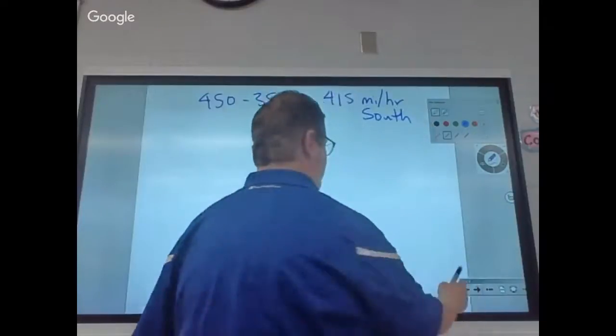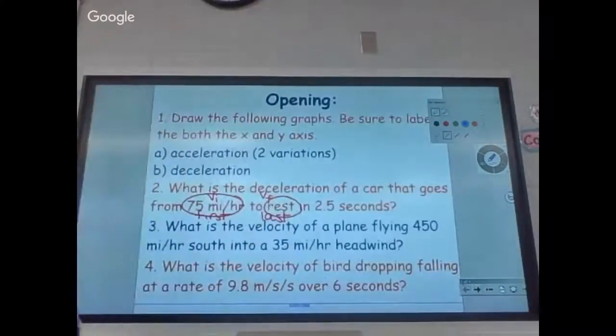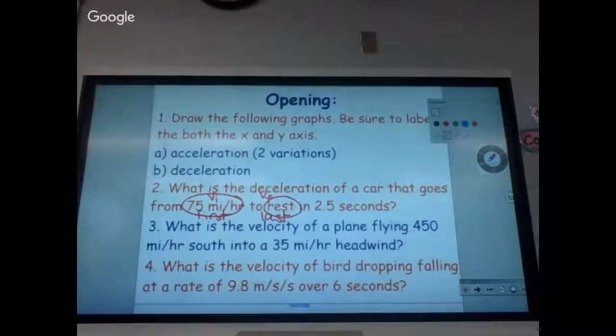All right, and the last one said, what is the velocity of bird droppings falling at a rate of 9.8 meters per second over 6 seconds? All right, so how do we solve this one? What did y'all do here? Any ideas? Esau, what did you do? What formula did you think you should use?